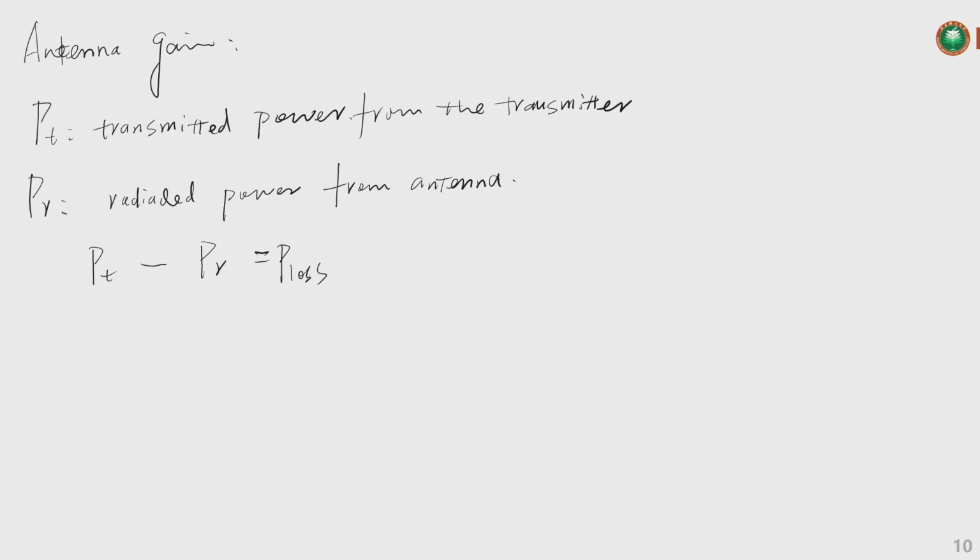This is the loss between the transmitter and the antenna. That is power loss. It is the power dissipated from the transmitter to the antenna as heat.